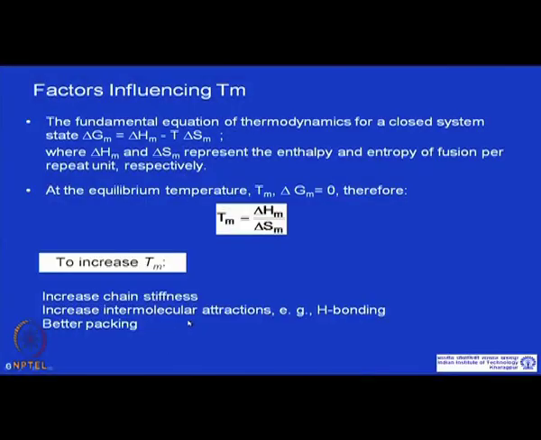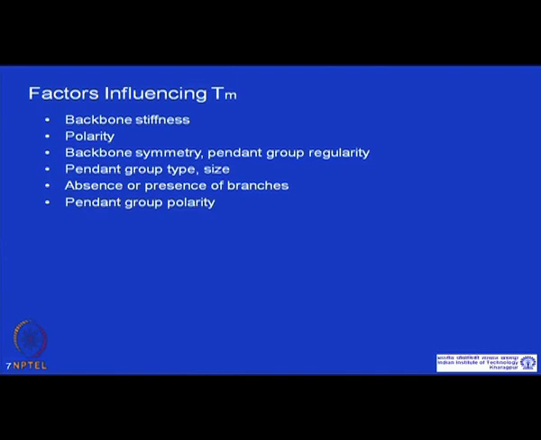Similarly, you can increase the intermolecular attraction, you can introduce some specific bondings like hydrogen bonding, that will increase the enthalpy, delta H of melting, and by that we can increase the melting point. And obviously, better packing always improves the Tm, melting point, of the polymer.